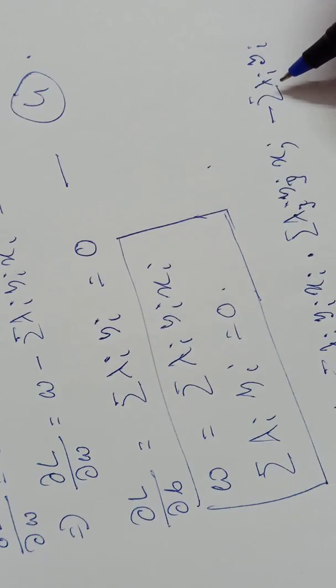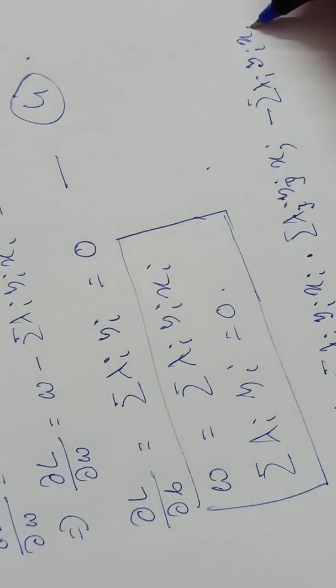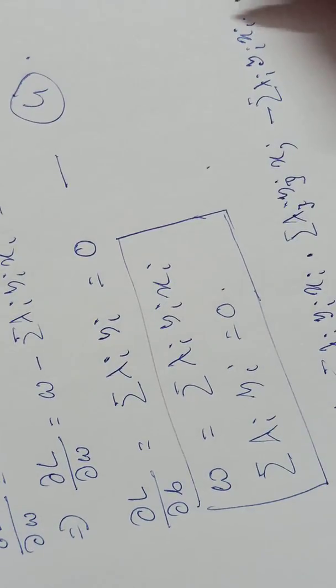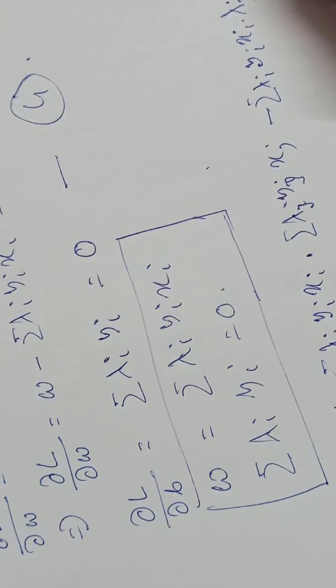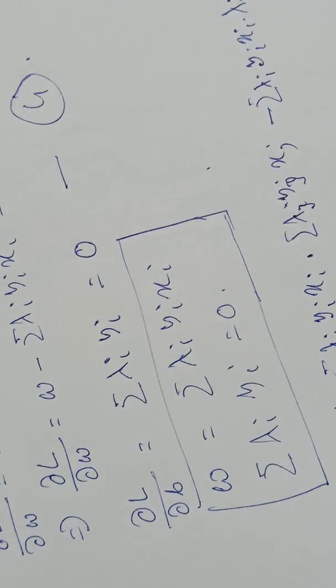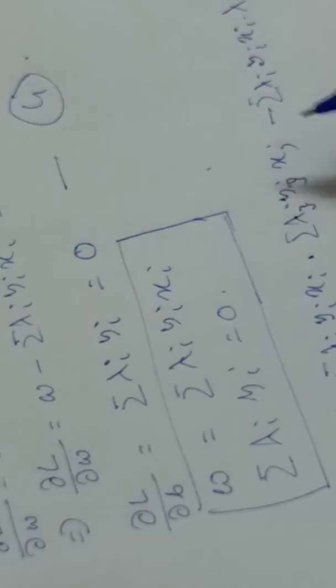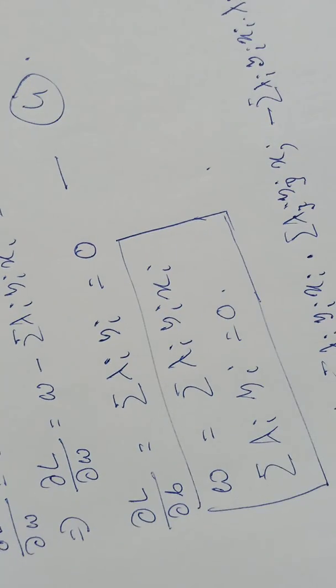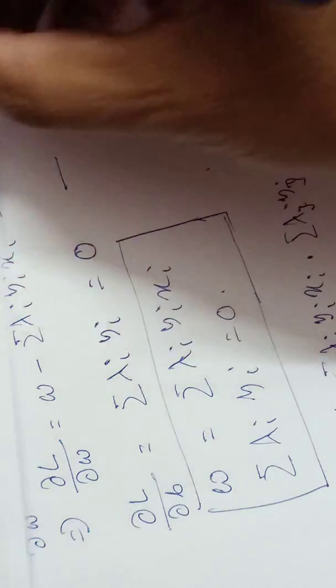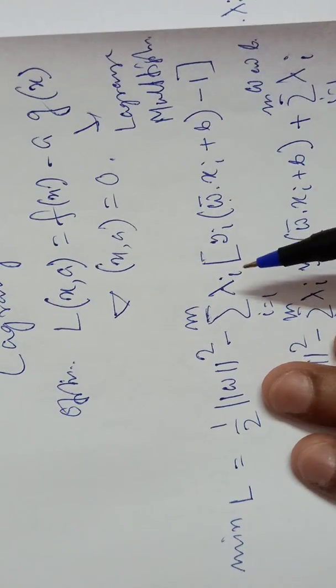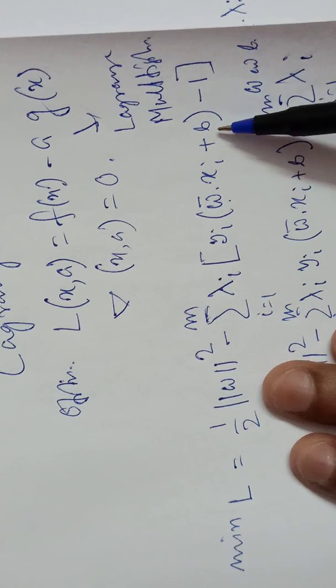Let us write lambda i yi xi multiplied by lambda j yj and xj, minus lambda i yi b.